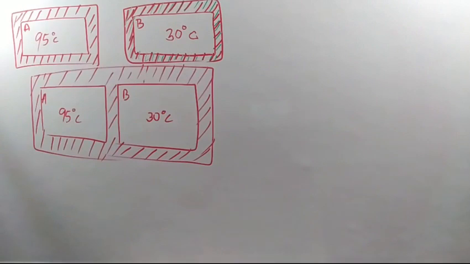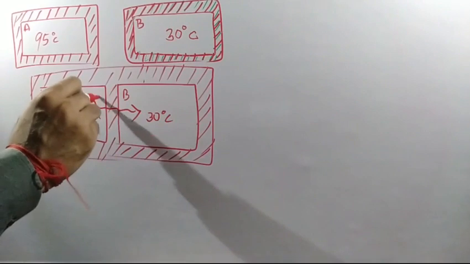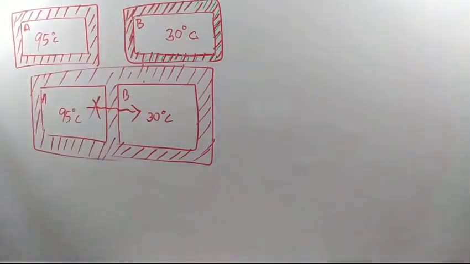But is it possible? You just think of it. No. Why? Because in between we have an adiabatic wall. So heat doesn't transfer from system A to system B. Clear? Heat will never flow from A to B.